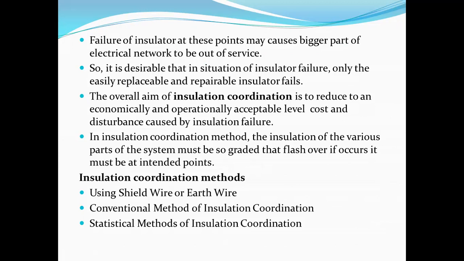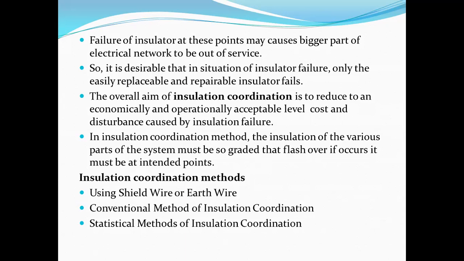Failure of the insulator at these points may cause a bigger part of the electrical network to be out of service. If the insulation fails, the whole system breaks down, and that network will be out of supply.